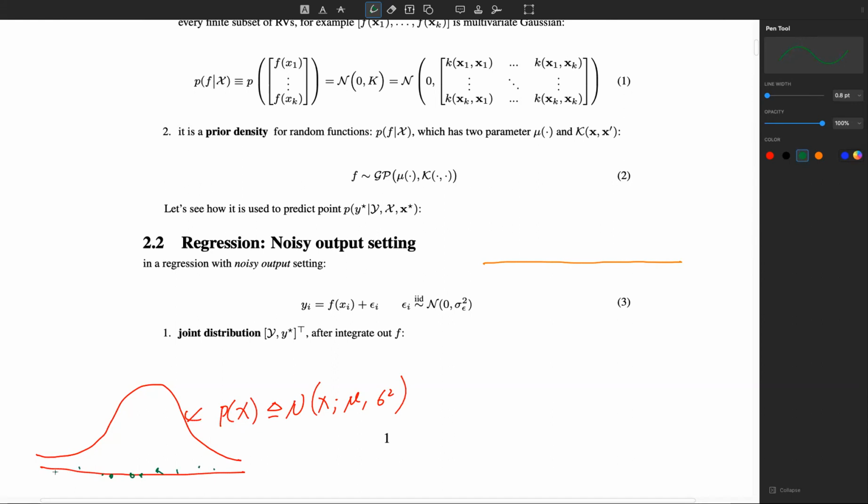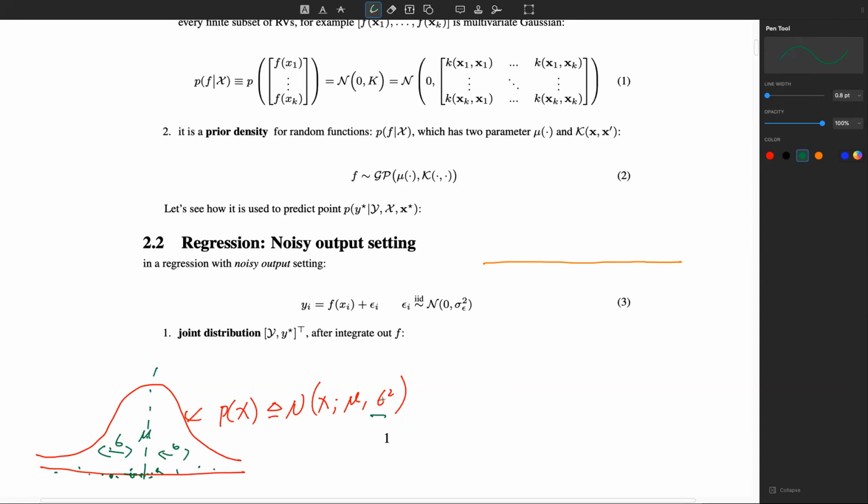But eventually, if you draw a large enough number of samples, you will see the samples are a little bit more clustered around the mean, around the mu, and then they spread out. How much they spread out is determined by your variance or standard deviation. You take the square root of your variance. Okay, that's fine.